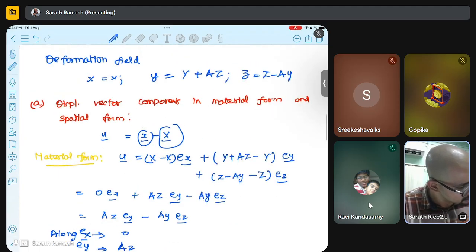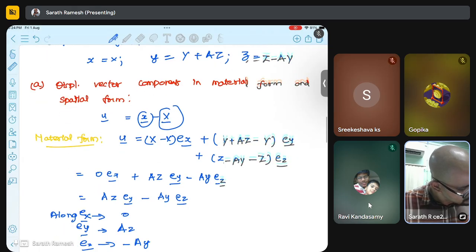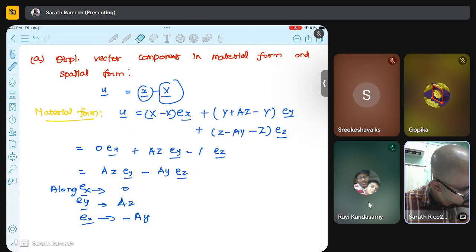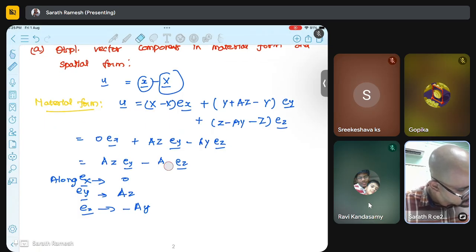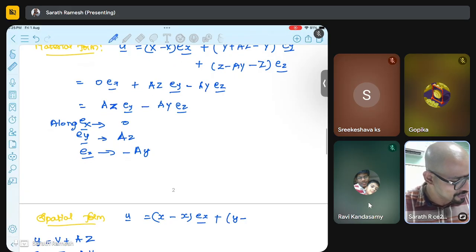This is capital Y, sorry, this is capital Y. This is again capital Z. I think I should write the capital and small more clearly. Sorry for the mistake.